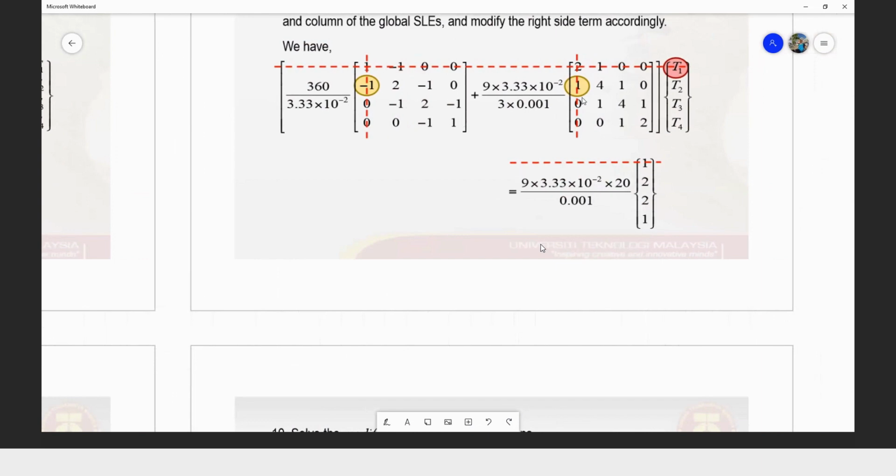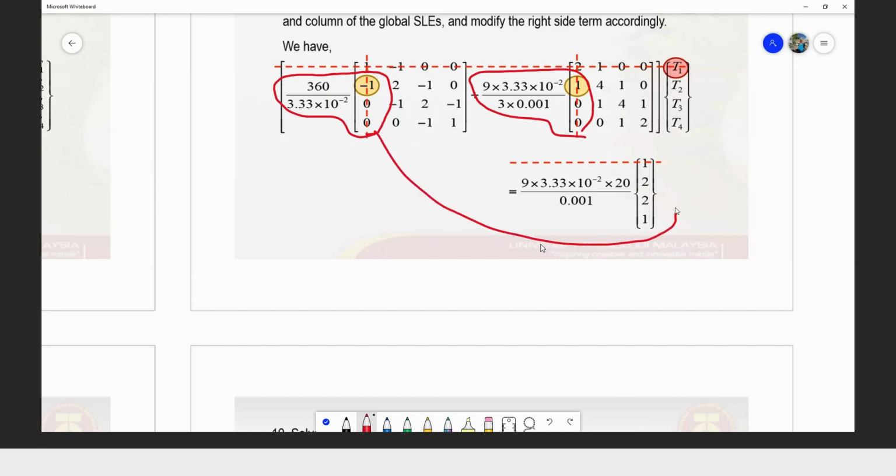So when we eliminate this, what we have to do, we bring all of this to the right hand side equation. Yang ni pun we bring it to this side of the equation.